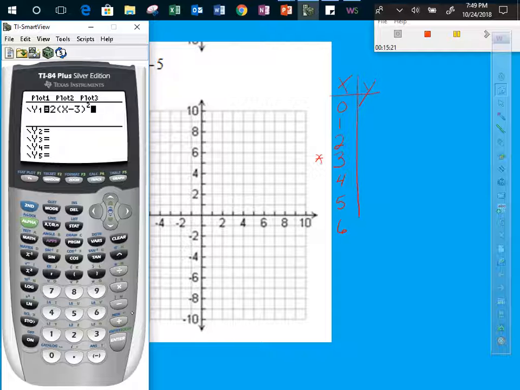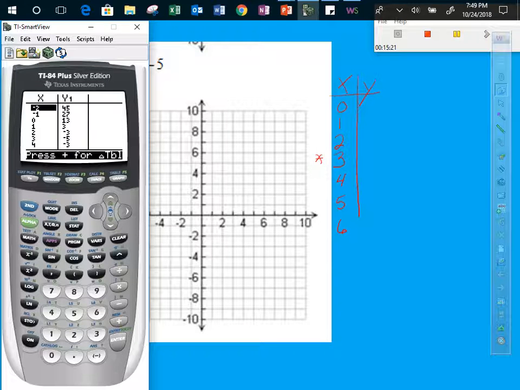And then I need minus 5. Go to your table and fix it to where 0 is at the top. So it looks like my symmetry now is 13, 3, negative 3, negative 5, negative 3, 3, and 13.